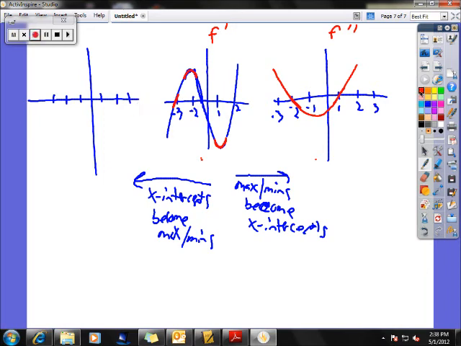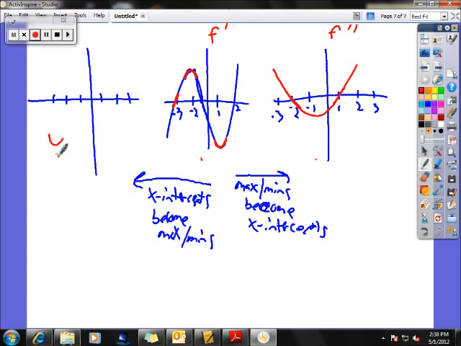So if x-intercepts become maxes or mins when you're going this way, you've got to decide which one it is. This is going from negative to positive at -3. That means at -3 I have a min. I'm just going to draw one in there. It doesn't matter where it is on the y. You could draw it up here, in the middle, anywhere. There just has to be a min at -3.